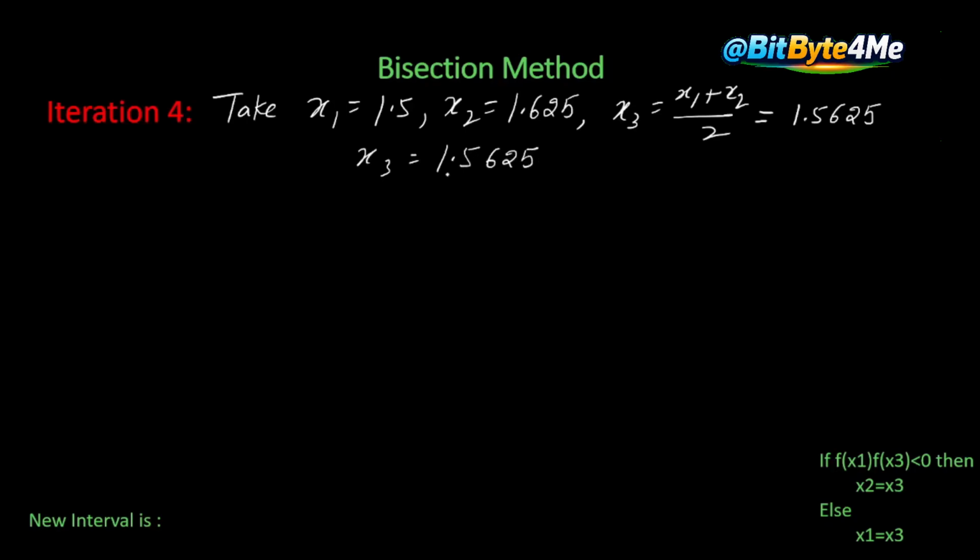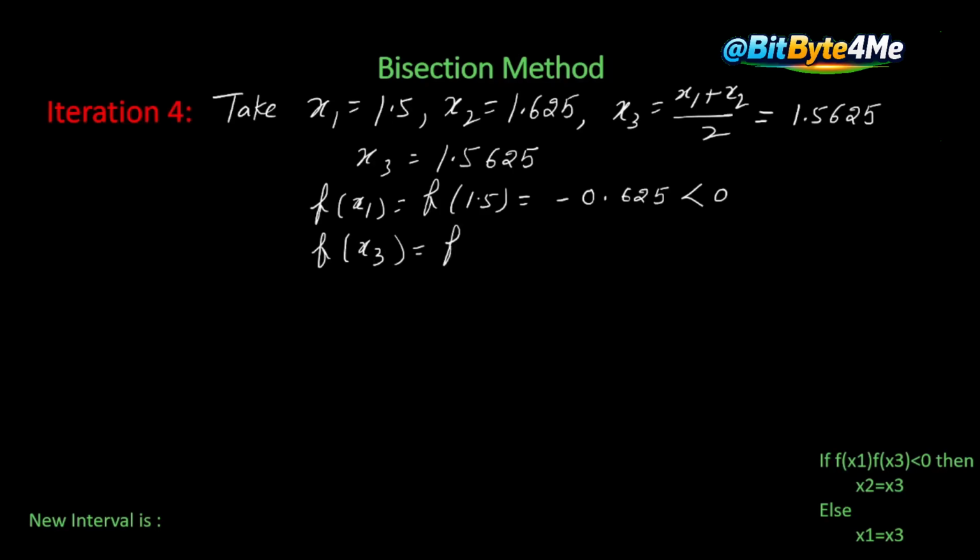So again calculate f(x1), which is f(1.5), which will be the same, minus 0.625, which is less than 0, and f(x3), which is f(1.5625).